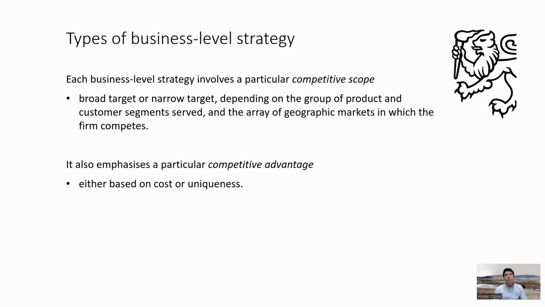So if you're another fish and chip shop in the same geographic location, i.e. in Hobart, the competitive scope is therefore your group of people and the group of products you sell are similar in nature and thus forms a competition between the two firms.